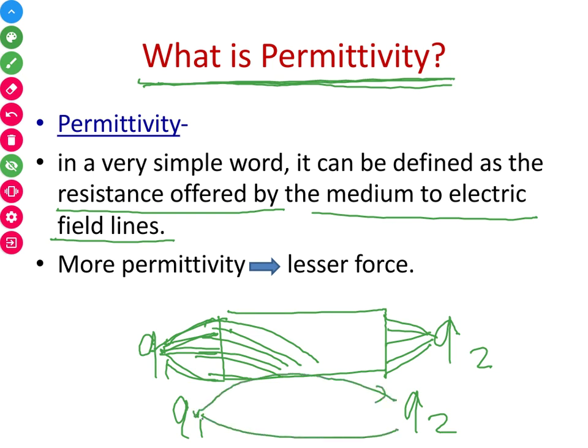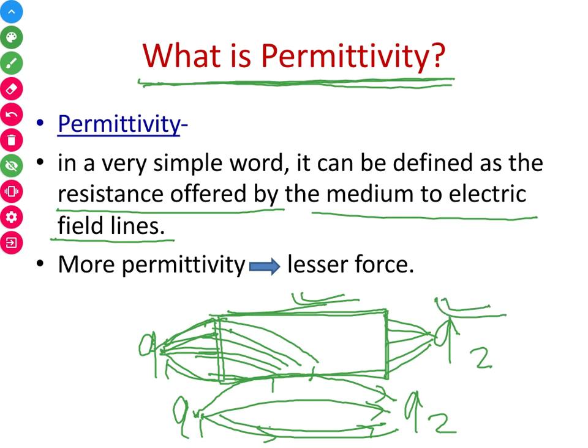So if there are 100 electric field lines and all go to the Q2 charge, definitely the force between these two charges is more. But if there is a medium which absorbs most of the electric field lines and only a few lines reach the other charge Q2, then definitely the force will be reduced, because force is basically due to the electric field lines, and if the lines are fewer, then the force is also less.